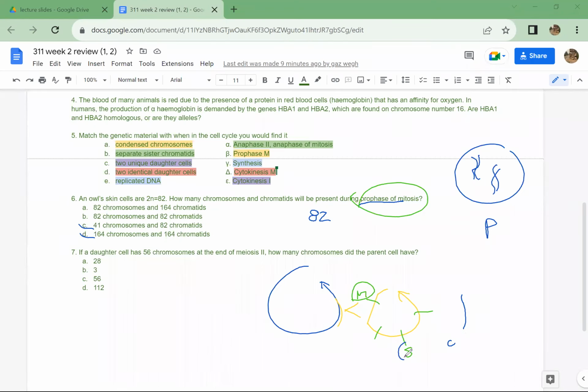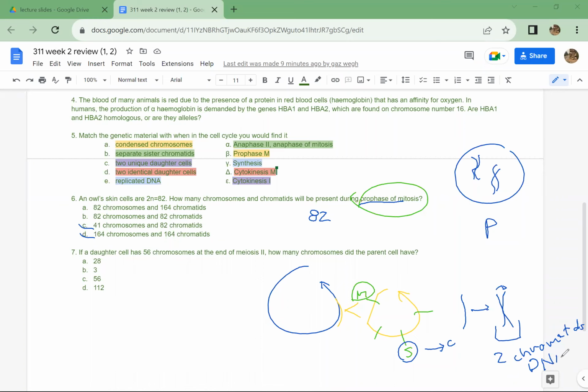However, it is during synthesis where chromosomes undergo DNA replication, and a chromatid will replicate, produce its sister, and therefore a single chromosome is now made up of 2 chromatids, or 2 DNA molecules.